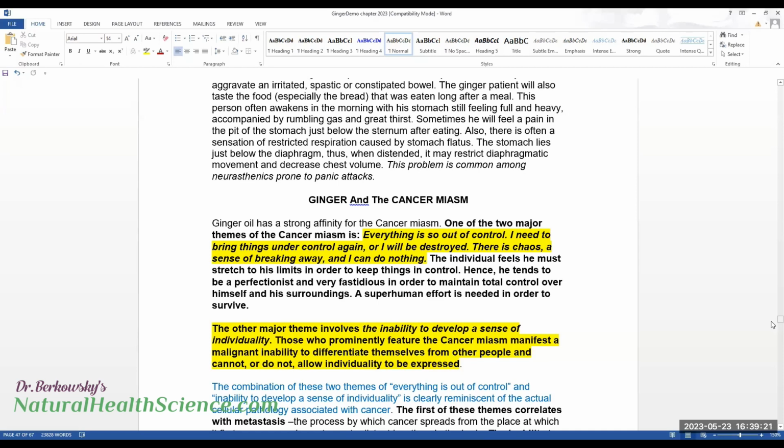So the cancer miasm has two major themes. One, everything is so out of control. I need to bring things under control again, or I will be destroyed. There's chaos, a sense of breaking away, and I can do nothing. So if you see the theme of control, it's a big one in the case. Early on in life, what you will find in cancer miasm cases is that there was a lot of control in the house, generally suppression.